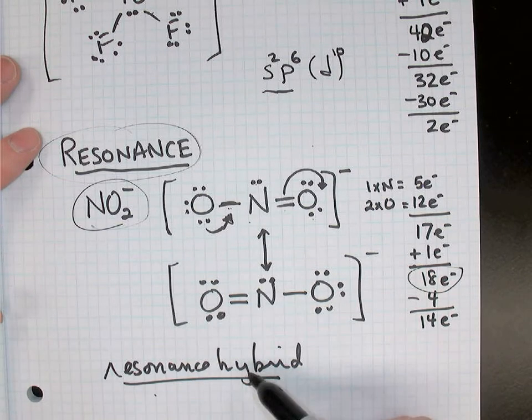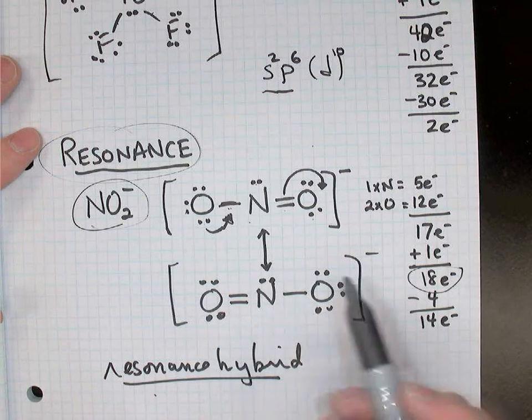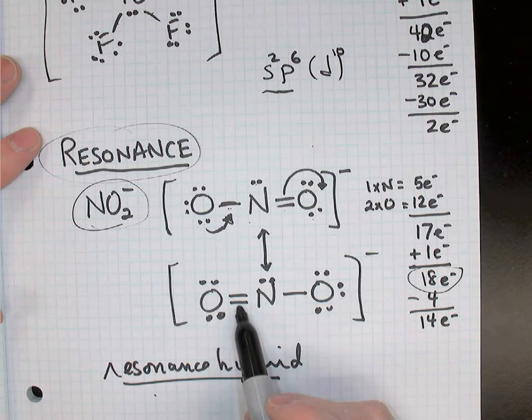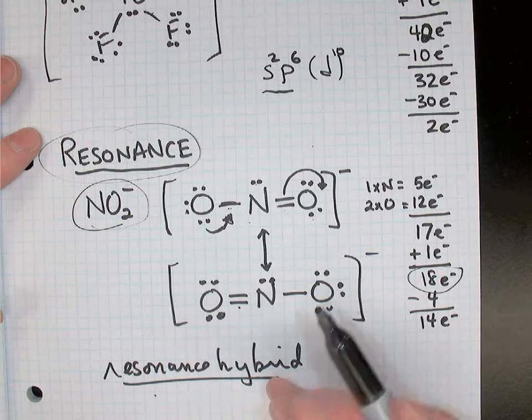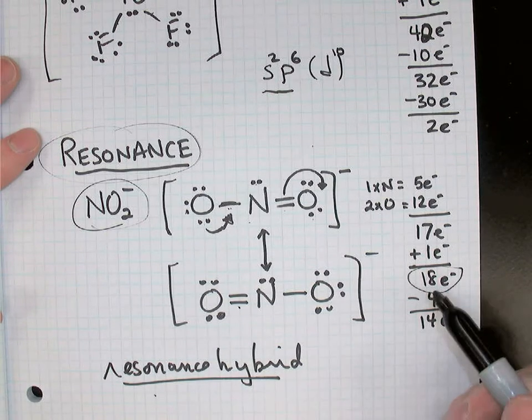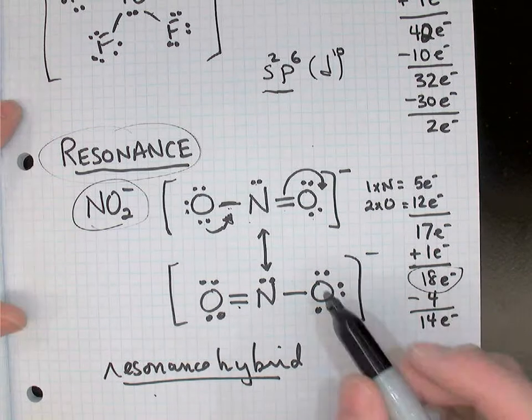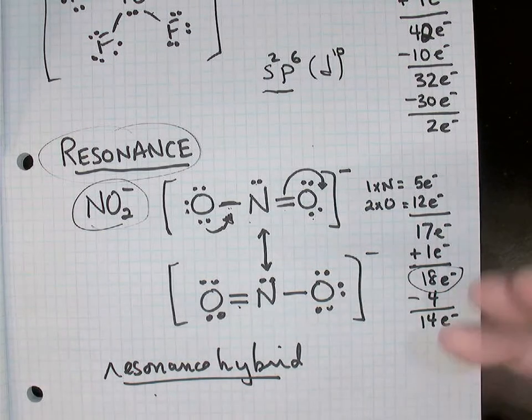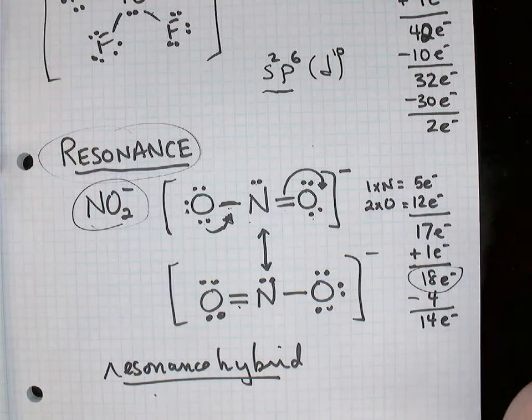That would explain why we don't in fact see single and double bonds, but we see a hybrid, an average of the two. The actual molecule has bonds that are not single or double, but sort of a 1.5, if you want to think of it like that, bond strength.